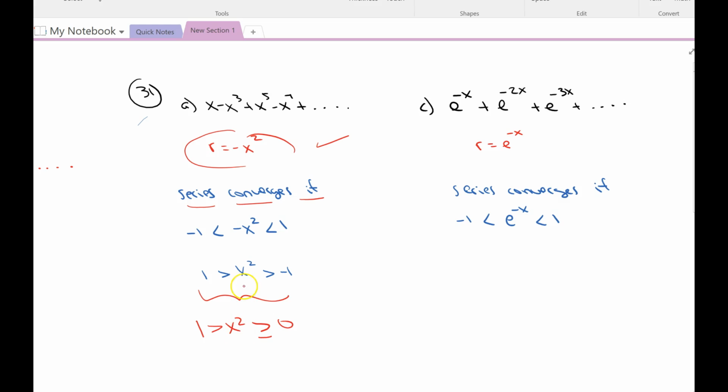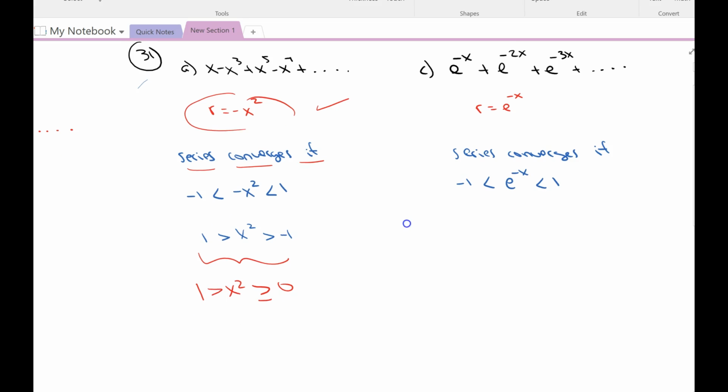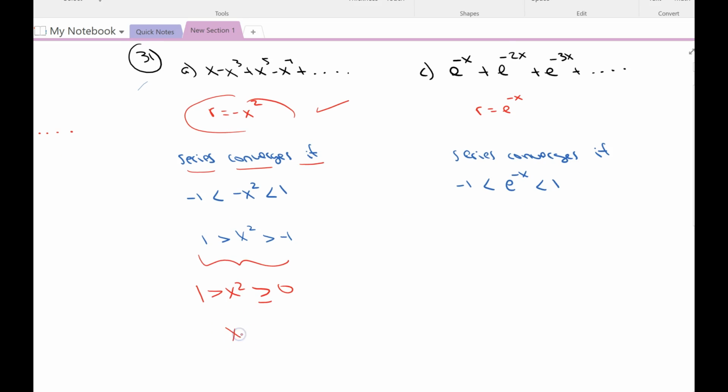Since x squared will never be negative, I can make this interval shorter, because the only thing x squared is going to be between is 0 and 1. When you take the square root, you have this interval of x. So this right here is the range of values for x that will make this infinite geometric series converge.